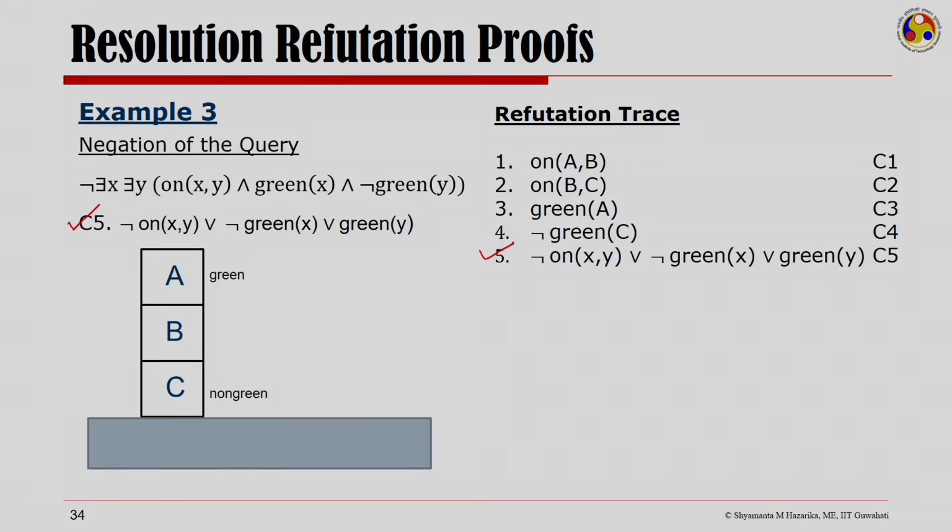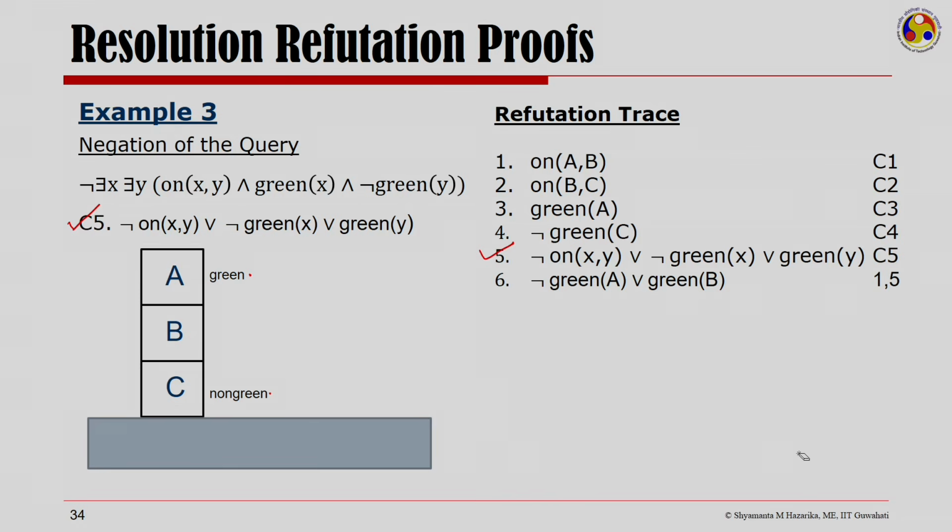So all I am told here is that A is on B, and second B is on C, and I am told that A is green, and I am told that C is not green. So these are clauses C1, C2, C3 and C4, and I have the fifth clause, which is the negation of the query.